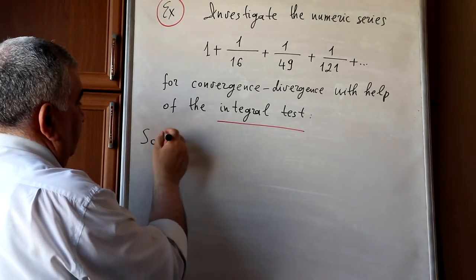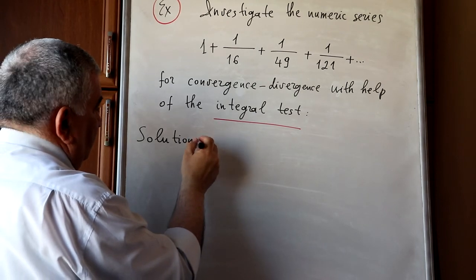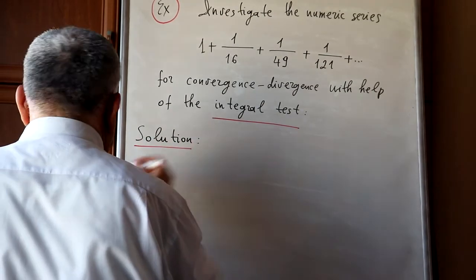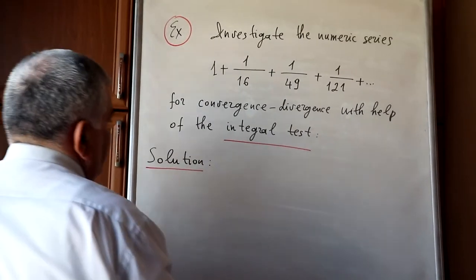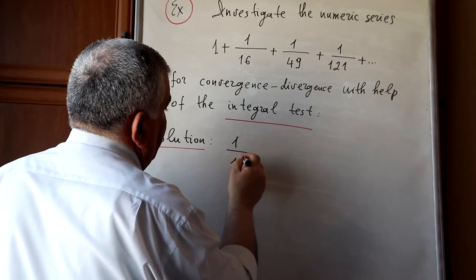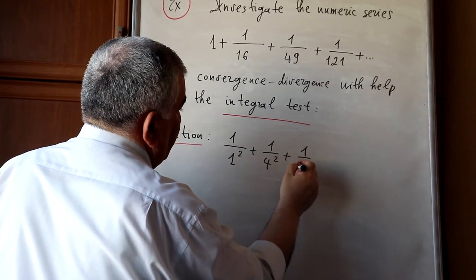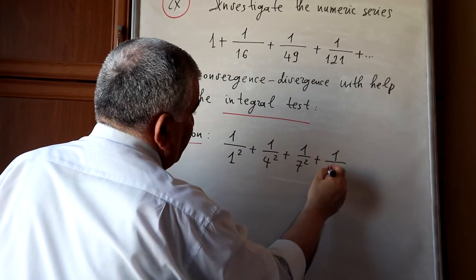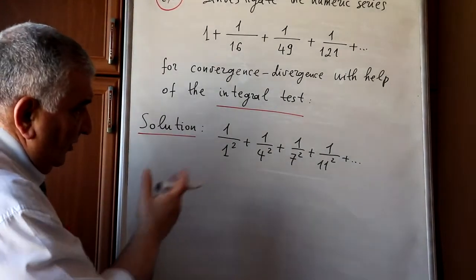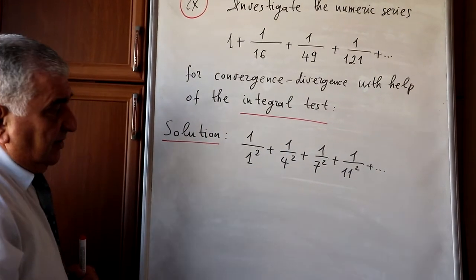Solution. First, rewrite the given condition in the comfortable form: 1 over 1 squared plus 1 over 4 squared plus 1 over 7 squared plus 1 over 11 squared plus etc. And then find the general term of the given series.